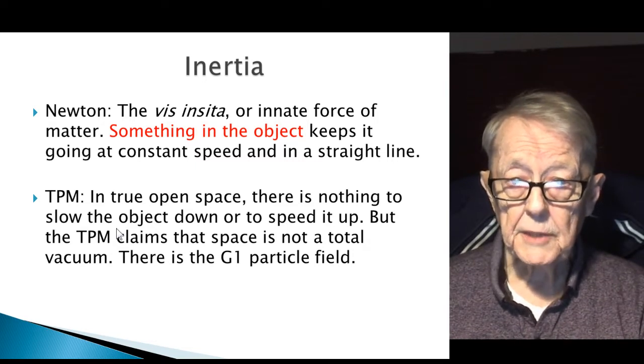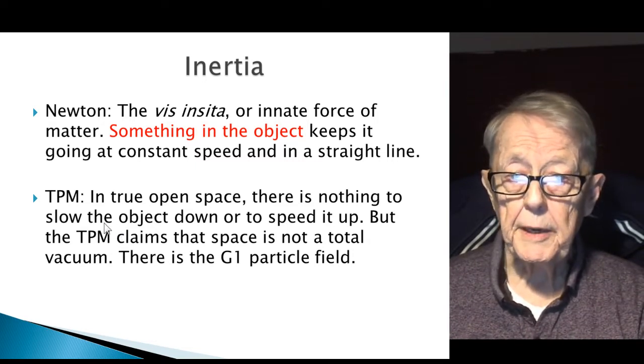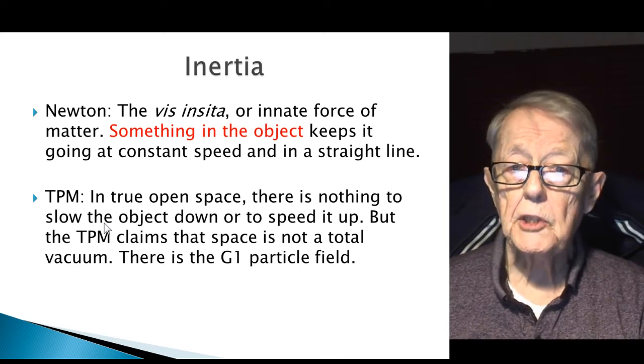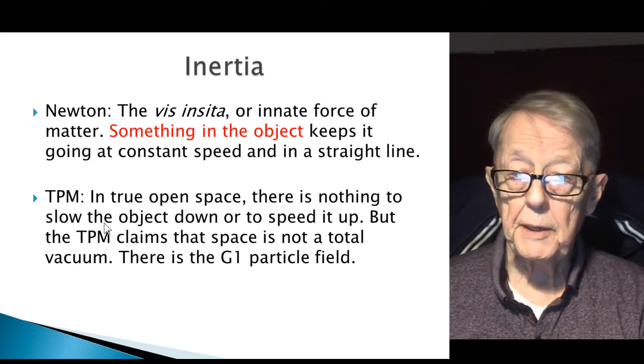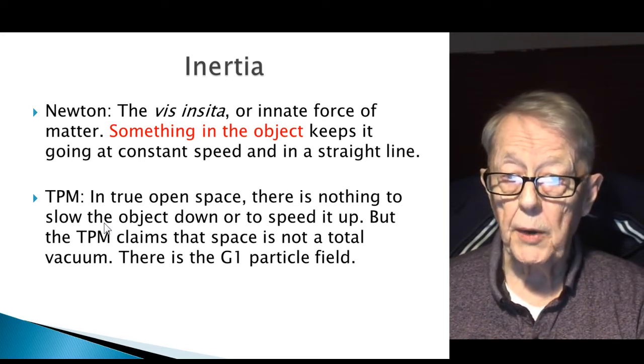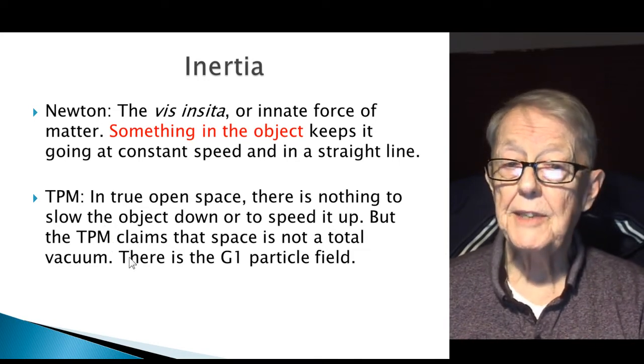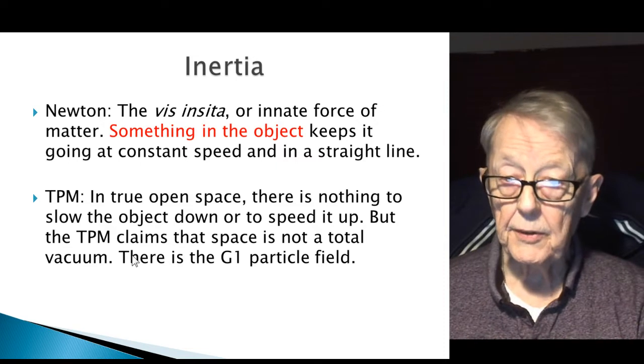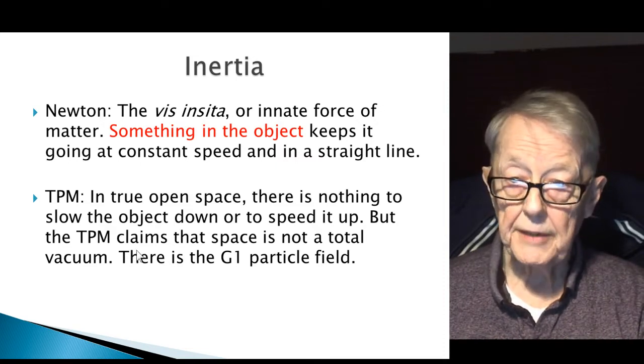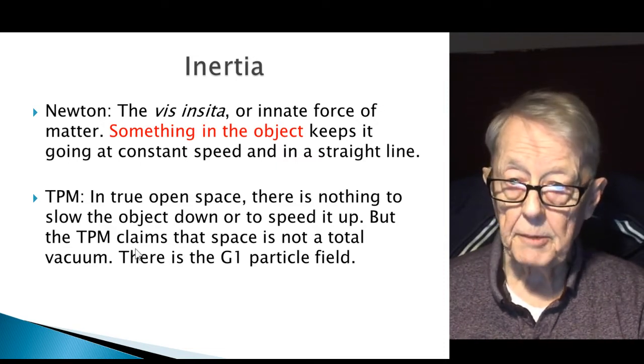The particle model says, yeah, it's true in open space. If there is nothing to slow the object down or to speed it up, it will keep going. But the particle model claims that space is not a total vacuum. There is a G1 particle field out there all the time.